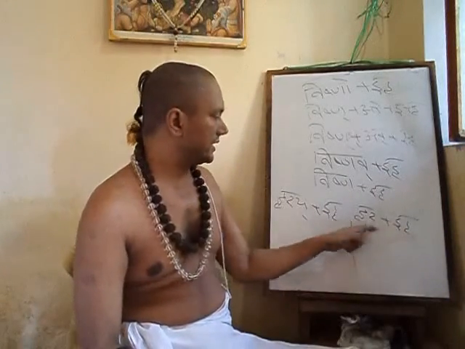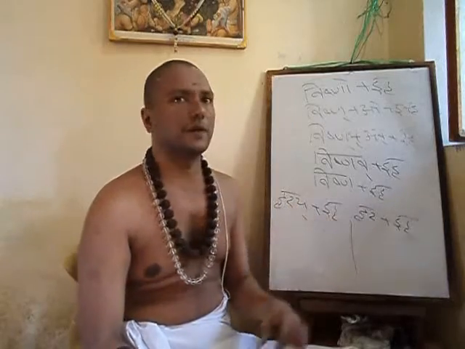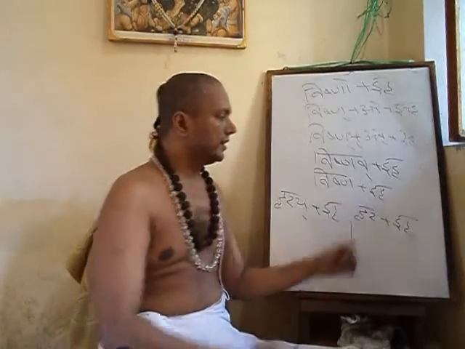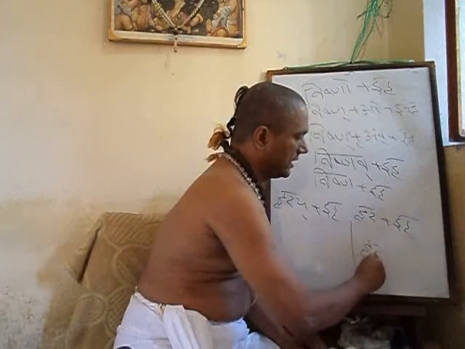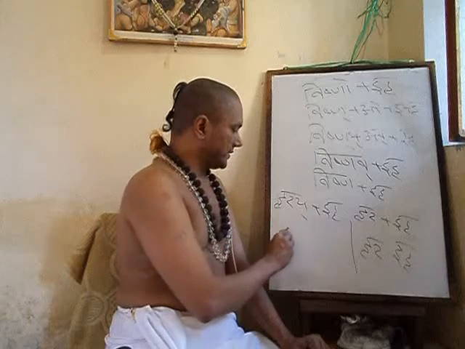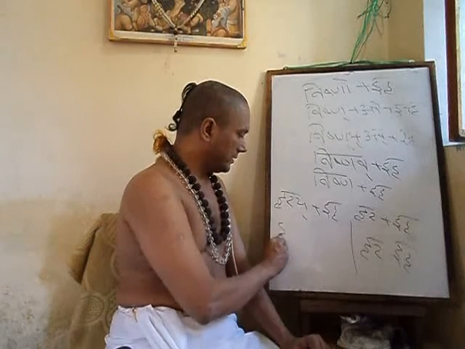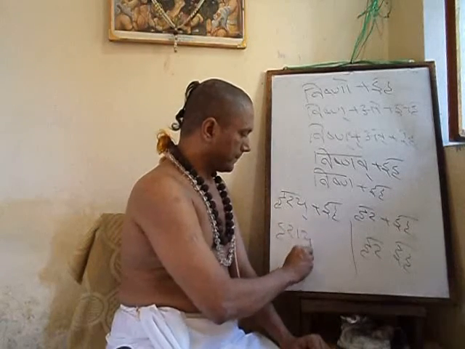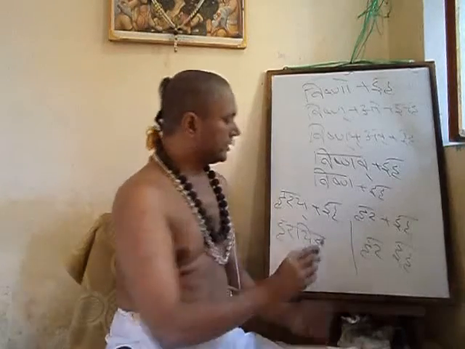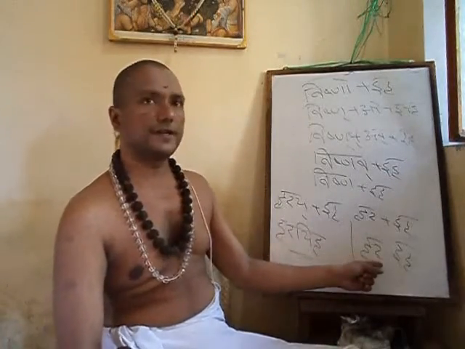This is Paksha, this is Abhava. Lopa Shakalyasya Pakshe, Shakalyasya Abhave. So here we have Hara Iha, but here you will have Yakara plus E, Hara E. This is also right.